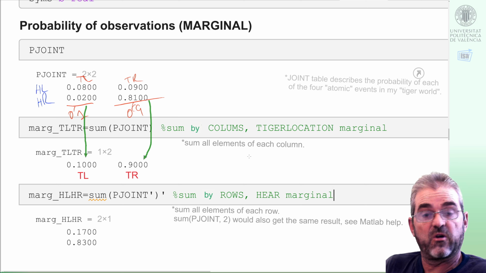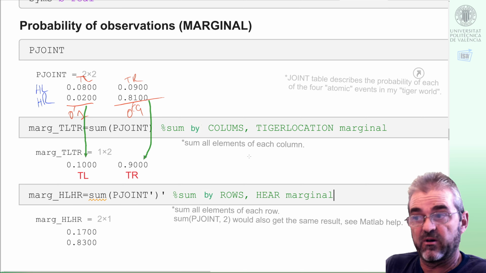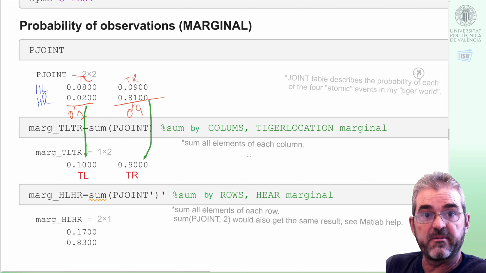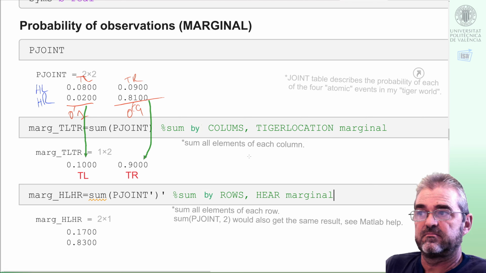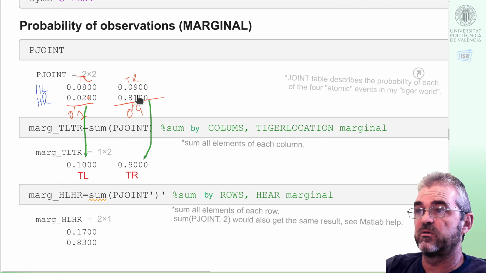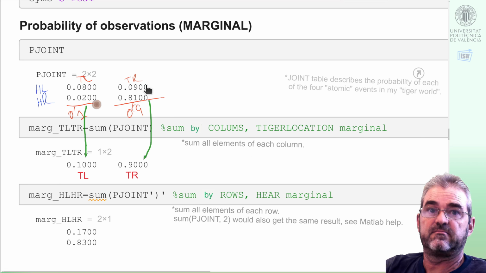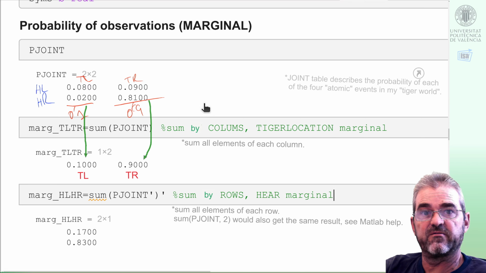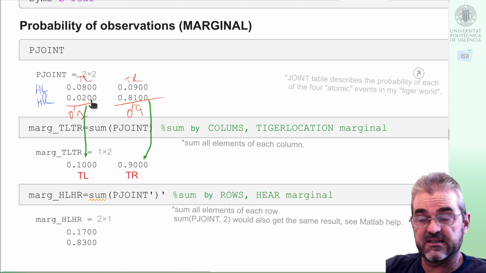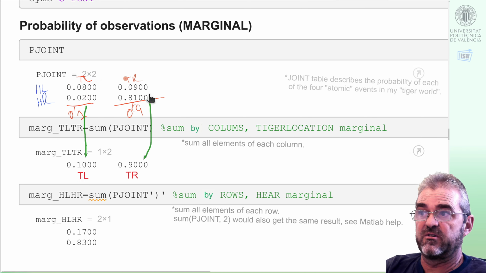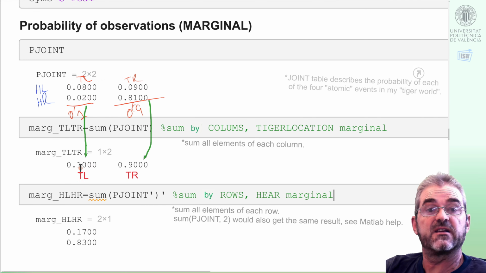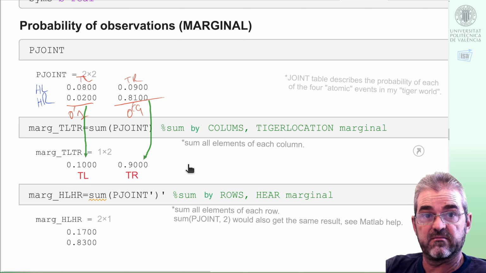So we used the conditionals and 0.9, 0.1 to build the joint probability, and then by summing the columns, we recover the so-called marginal probability of tiger state. Indeed, if I have 4 atomic disjoint events, 4 combinations of these random variables, if I sum the probability of all the occasions in which the tiger is left, then okay, these 4 numbers add 1, but in 10% of the cases the tiger will be left, and in 90% of the cases the tiger will be right.